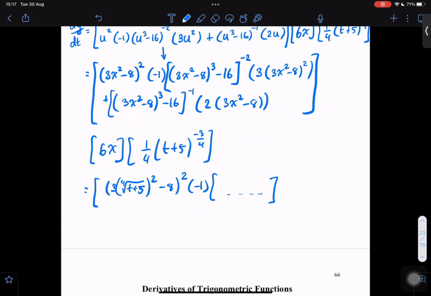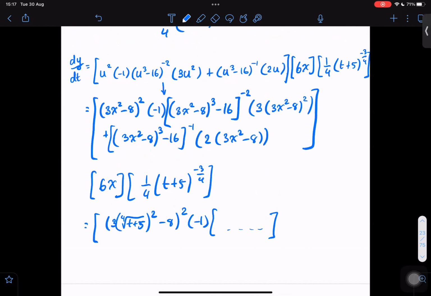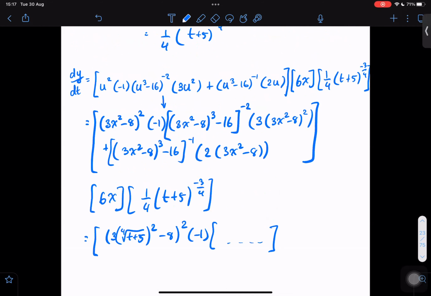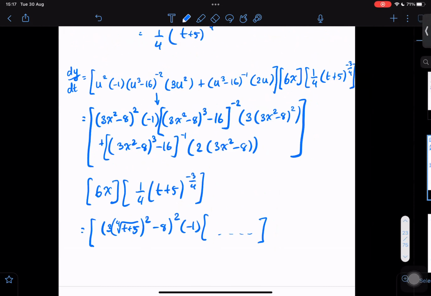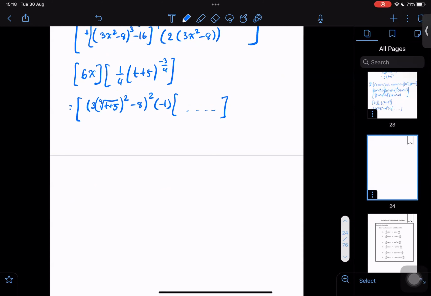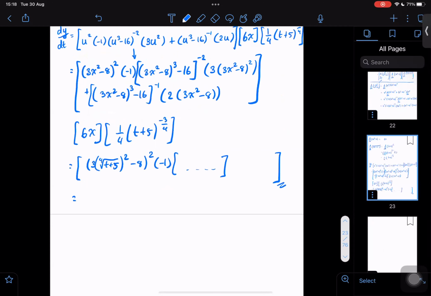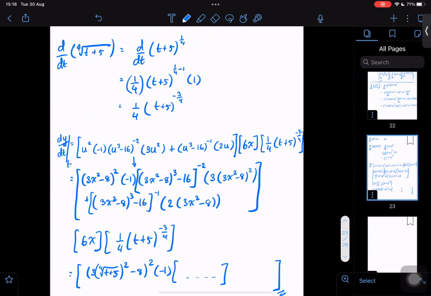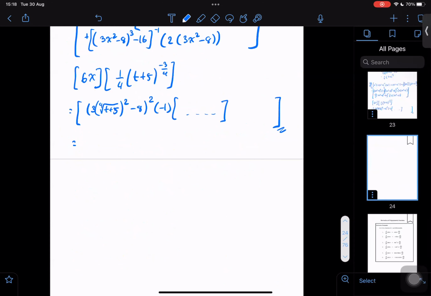And then you get the derivative of y with respect to t. When you get everything here already, then you evaluate it at t equal to 11.